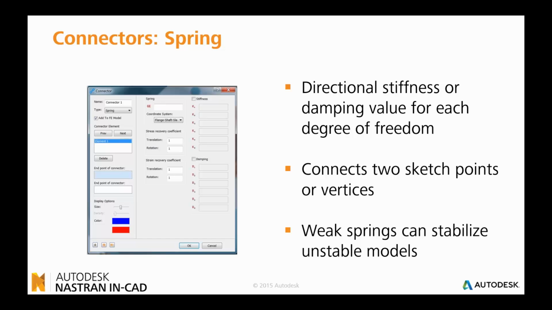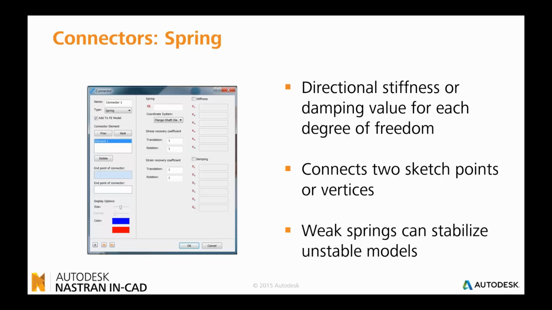Springs are another thing that can be defined. We won't be covering springs today, but understand that they can be used with directional stiffness or a damping value, which can be restrictive on any degree of freedom. Again, all that you need is 2 sketch points or vertices to be able to define the location of the springs.